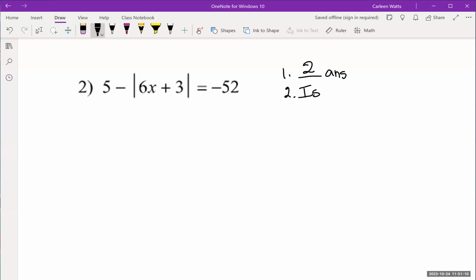Isolate. This one's a little tricky, actually. What am I getting rid of? Not yet. Okay, so careful. Watch this. -5.